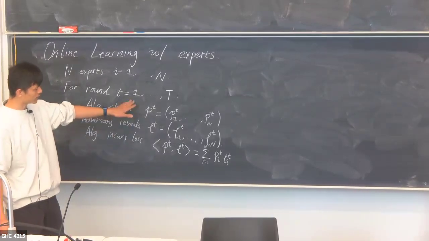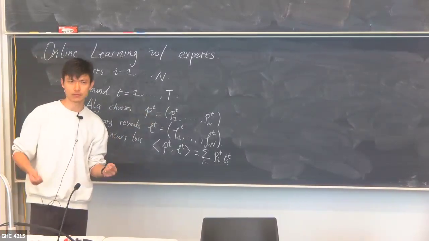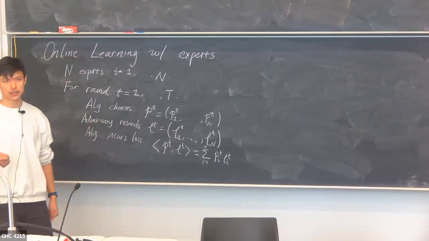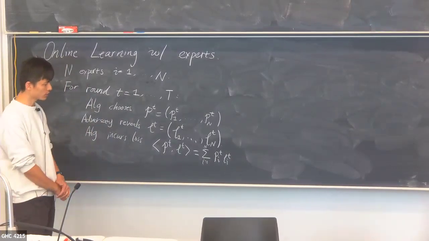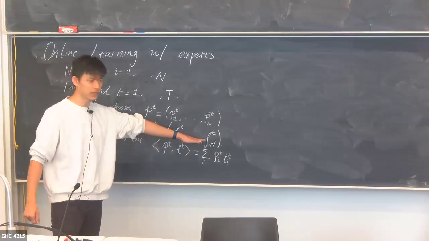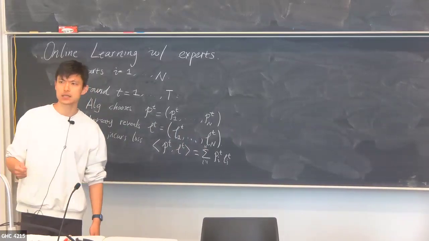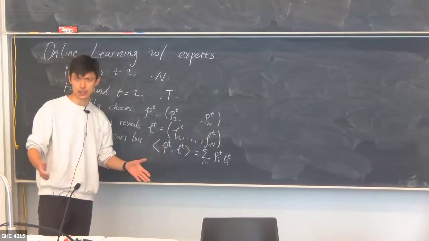At every round, little t, after you choose how you're going to pick the expert randomly, some adversary will reveal some loss vector. It literally just means how to penalize each expert. Some experts tend to do well, some experts tend to do poorly, and this can be organized as a loss vector.